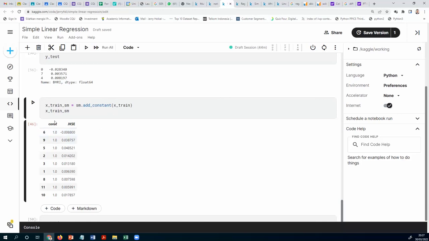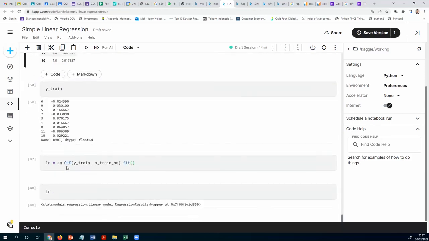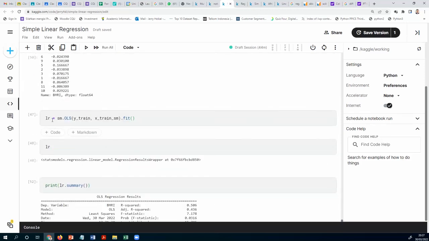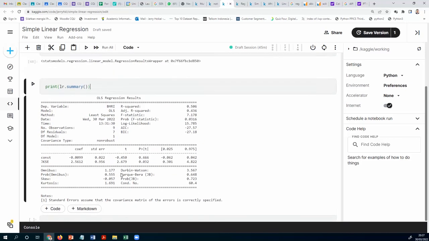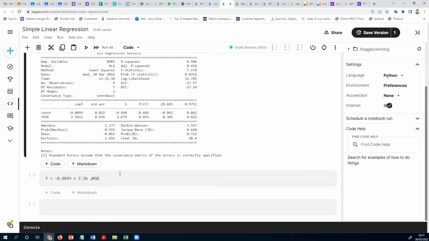So this is the constant. Then linear regression equals statsmodels.OLS with y_train and X_train_statsmodels, and then we fit the model and print the linear regression summary. So this is how you create the simple linear regression.